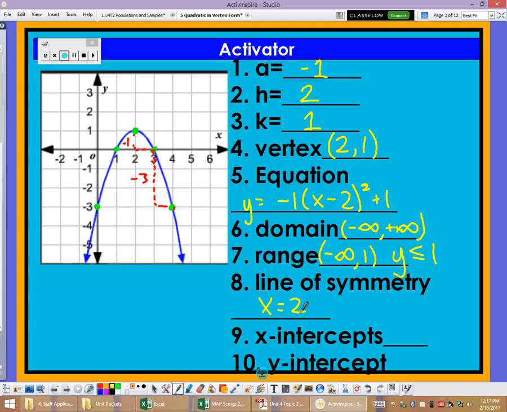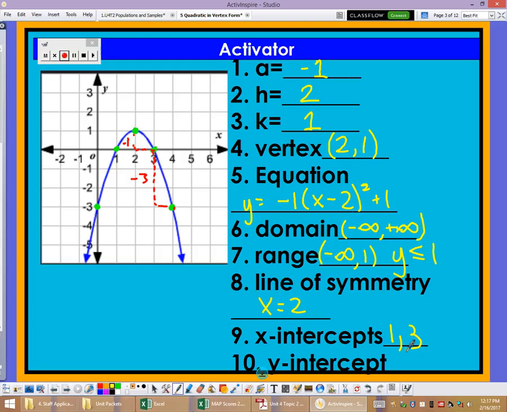Be careful. Which one's my x-axis, my horizontal or my vertical? Okay, where does my graph cross my horizontal x-axis? 1 and 3. My x-intercepts are 1 and 3. That's all we're looking for, where it crosses the x-axis.